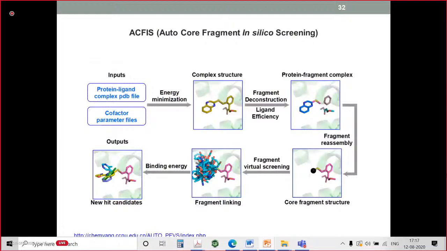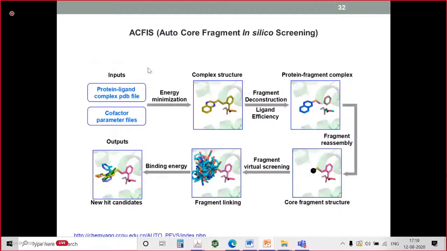So this flow chart shows you how this ACFIS, that is the auto core fragment in silico screening, usually works. You have to give the input of the protein ligand complex and the cofactor parameter file. So the protein ligand complex will have the ligand itself.